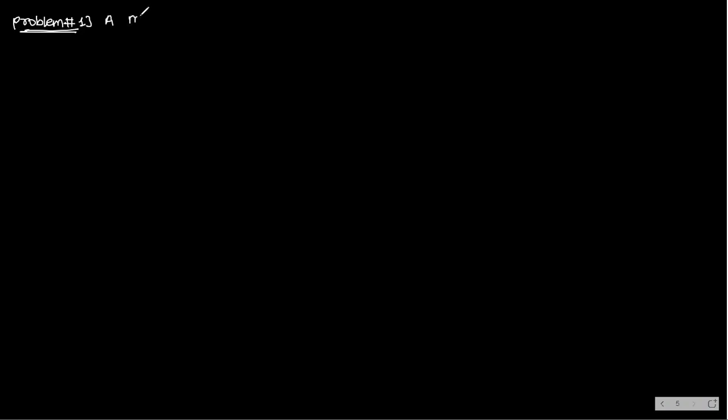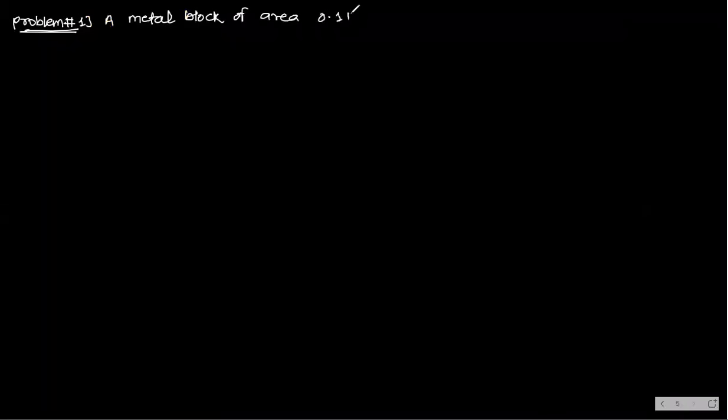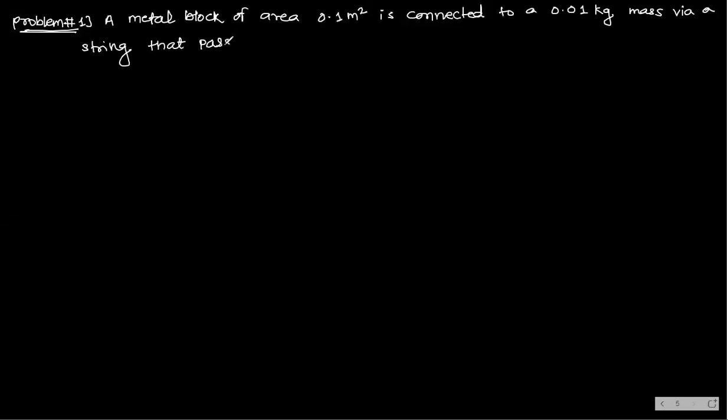A metal block of area 0.1 meter square is connected to a 0.01 kg mass via a string that passes over an ideal pulley.